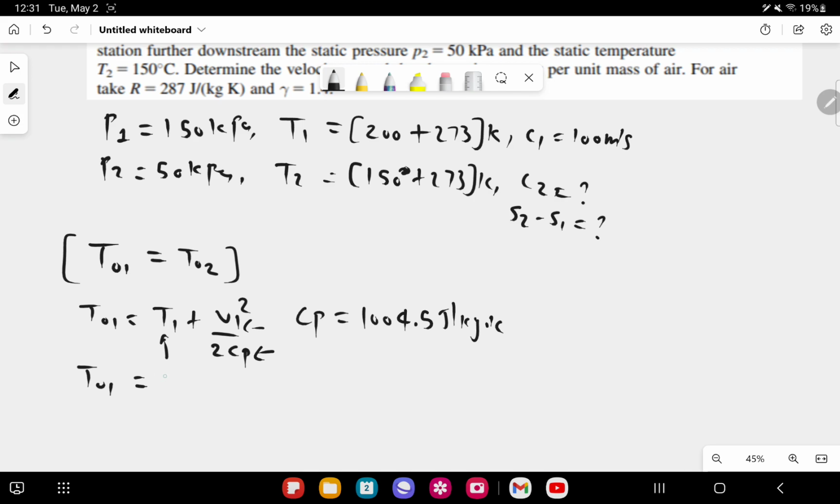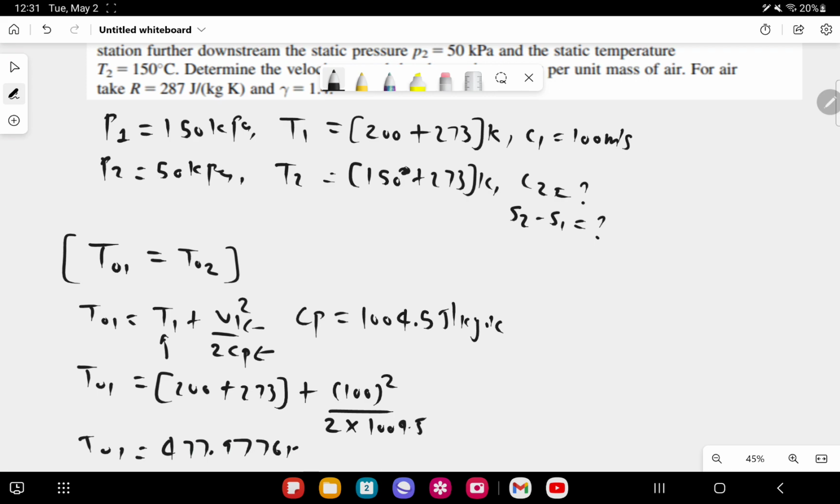Now T1 is equal to 200 plus 273, plus V1 square, where V1 is equal to 100 meter per second, over 2 times Cp, which is 1004.5. So T01 is equal to 477.9776 Kelvin.